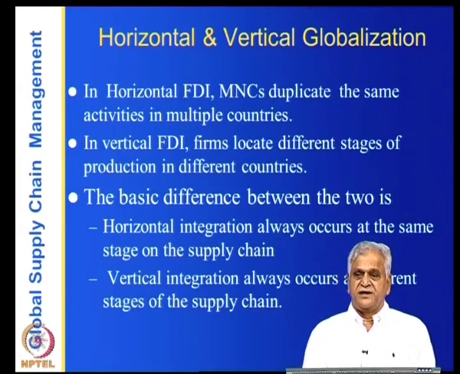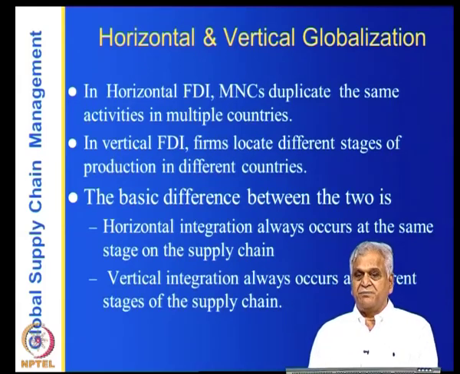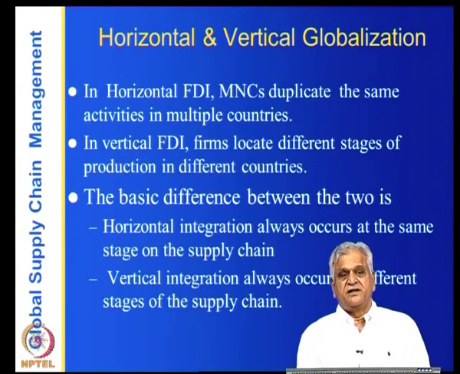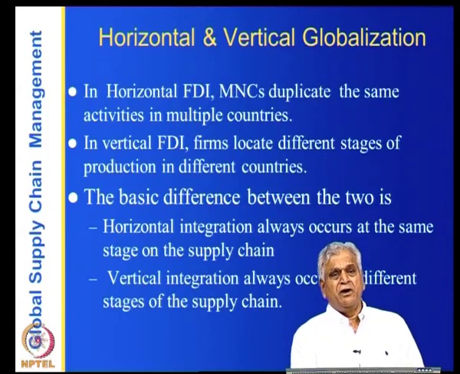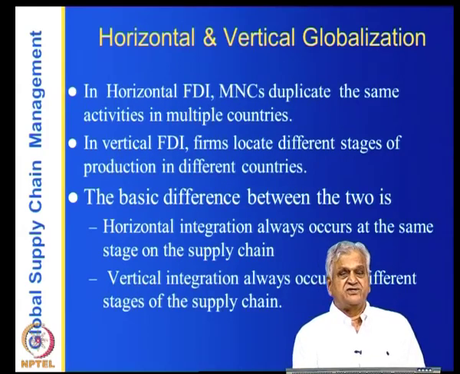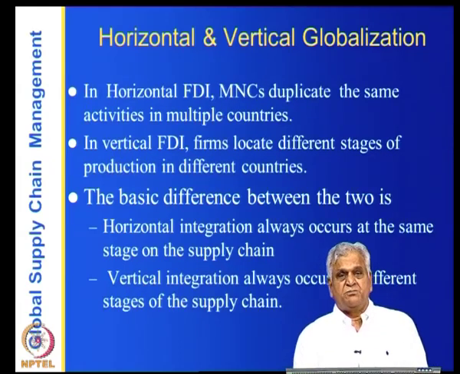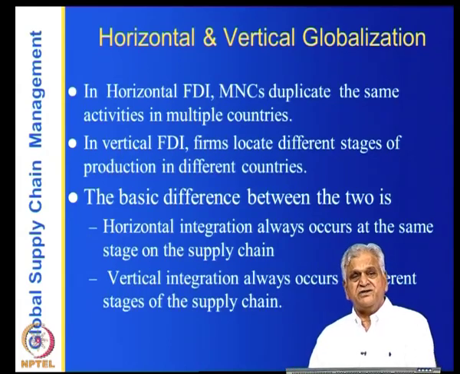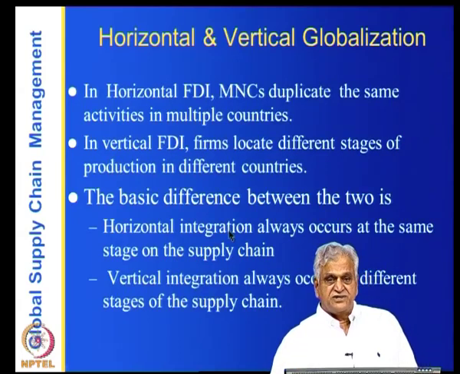The suppliers, that is, they make components, auto components, or the assemblers, they assemble things, the logistics providers, they move the material from one company to another, and so on. So, vertical globalization is the one that is happening nowadays, and it is much more interesting to study the various optimization and performance studies in vertical globalization.